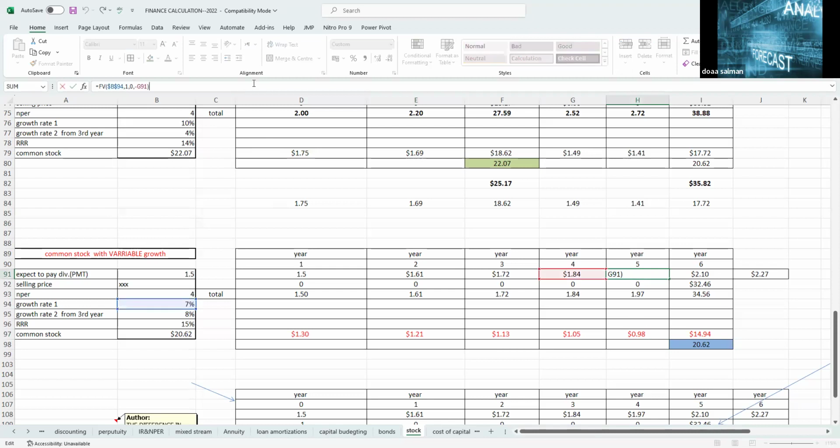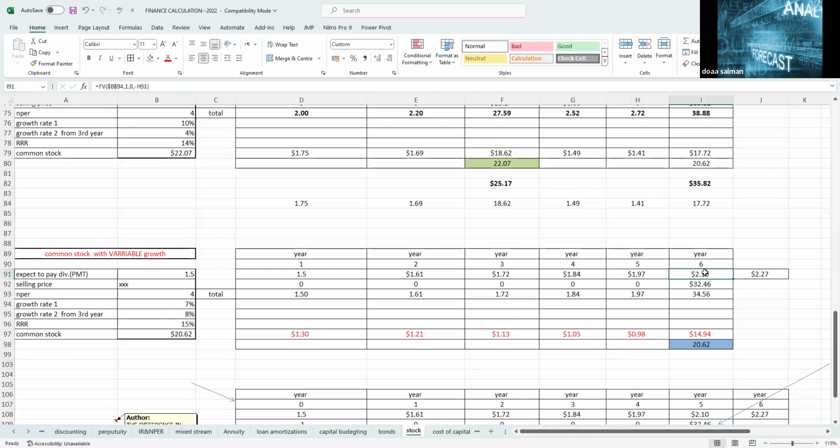In the 5th year, what's going to happen? The growth rate is going to be changed. And here, expected to pay dividends 1.5, and it will grow with the growth rate of 7% for how many years? 1, 2, 3, and this is the 4th year.